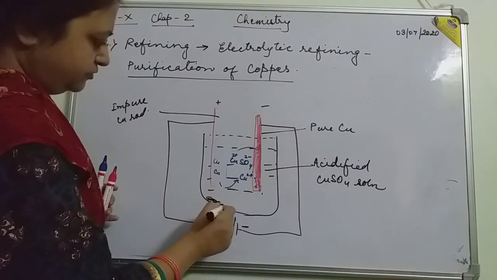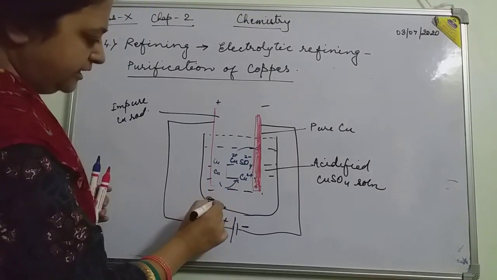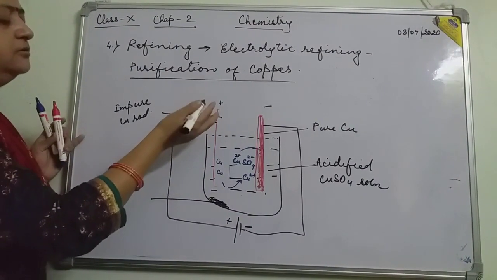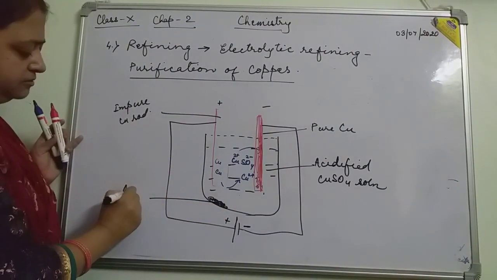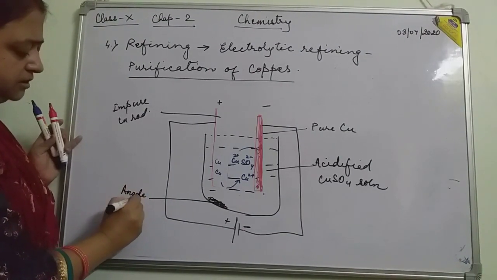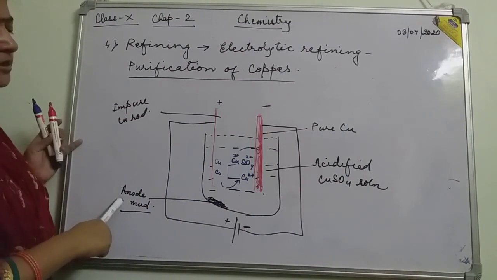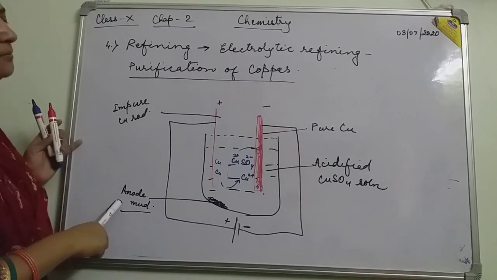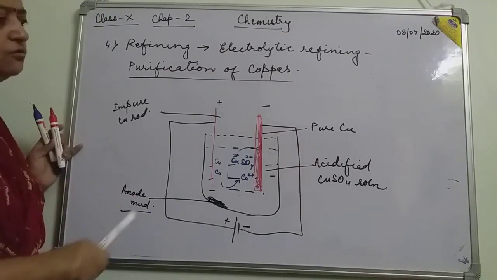The impurities fall towards the anode, and so these impurities are called anode mud. And what is anode mud? Anode mud is the impurity present in the rod of the impure metal.